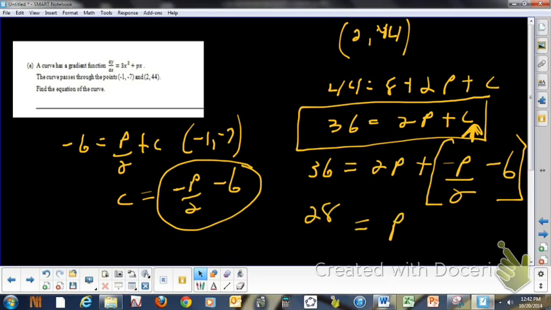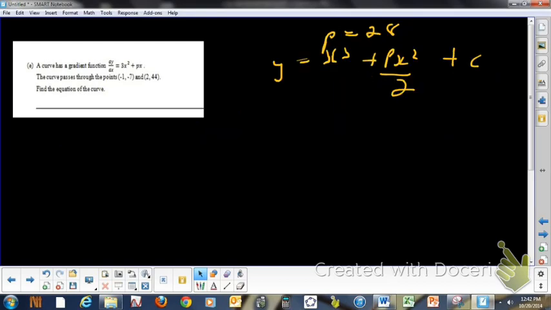Well, p is 28 means that I can now put that into the equation. So now that I've found out what p is, I can stick in 28, and I can solve for c, because now I've only got one variable to deal with.